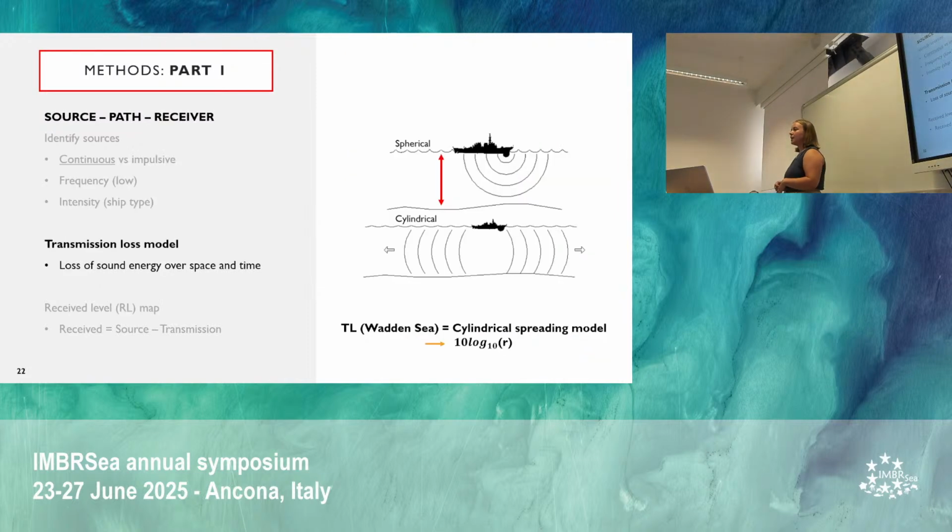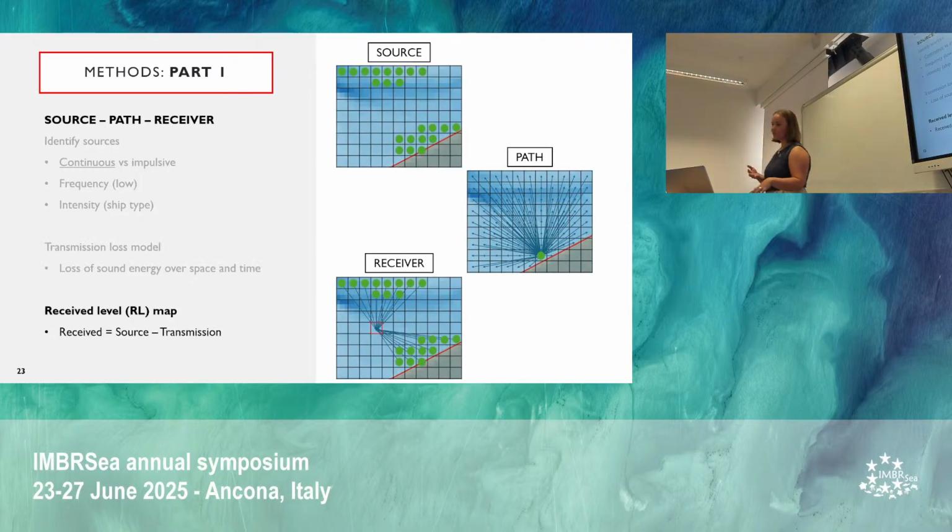Then I created a transmission loss model, which basically calculates how sound propagates over space and time and how it loses its sound energy and intensity with distance from the source. So I applied a cylindrical spreading model where R is the distance between the source and a given receiver grid cell. Then I calculated what I'll refer to as received level maps, which are the sound maps.